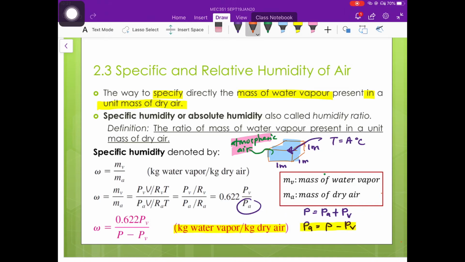And if we substitute PA equals P minus PV into the omega relation, we're going to get omega equal to 0.622 PV divided by P minus PV. You might want to familiarize yourself with this relation for the specific humidity.